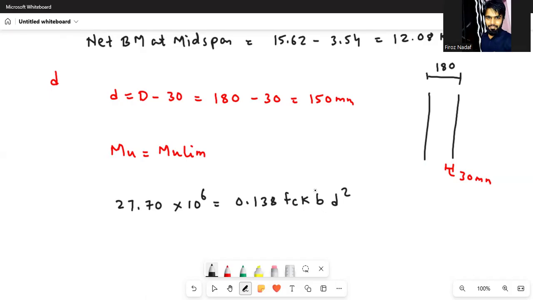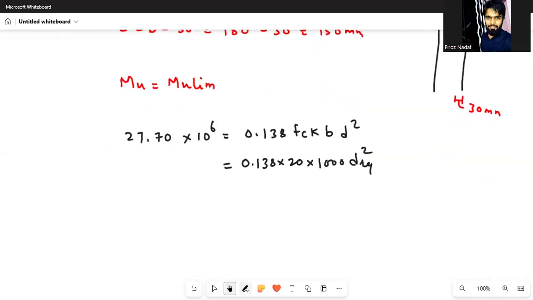b has to be taken 1000 mm. In the slab, how we are assuming 1 meter width of the slab, in the same way, we are assuming 1 meter width of the side wall. So this can be written as 0.138 into fck is 20 because we are using M20 grade concrete, and b is 1000. d we need to find. d required, by solving this equation, d required is coming as 100.18.